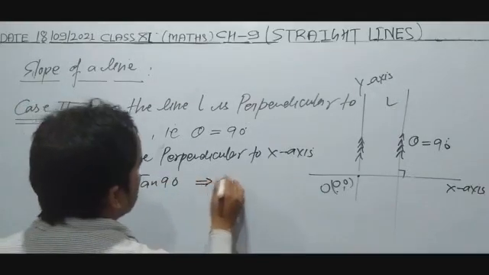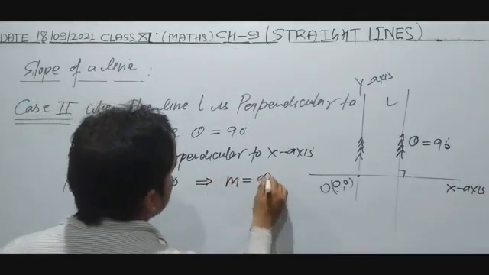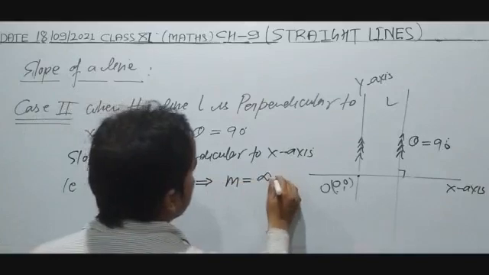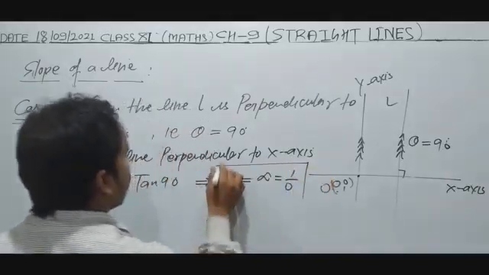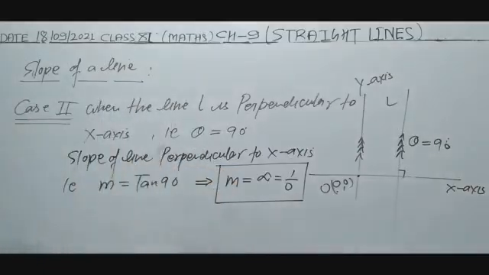This implies m is equal to infinity or 1 by 0. So this is the condition for lines perpendicular to x-axis or parallel to y-axis.